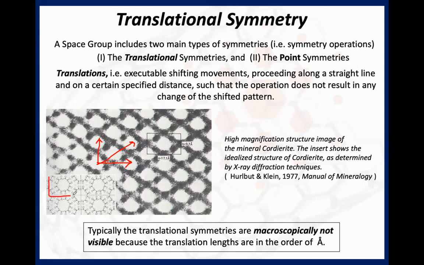The smallest unit that represents the repetition does not change. For example, you can move it up to here, and still you can see the preservation of the shape. And you can do the same in the other direction. So like this, we can have the translation symmetry.